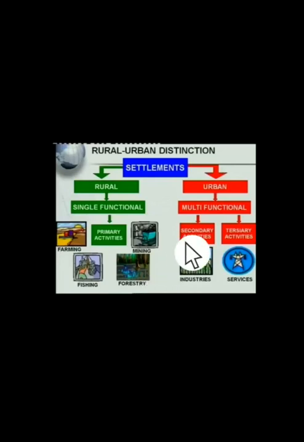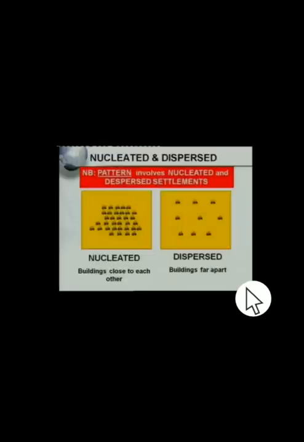Whereas, my dear students, urban is multifunctional. It means that there are secondary activities and tertiary activities, for example industries and service sectors. All these production processes are mainly found in the urban areas.